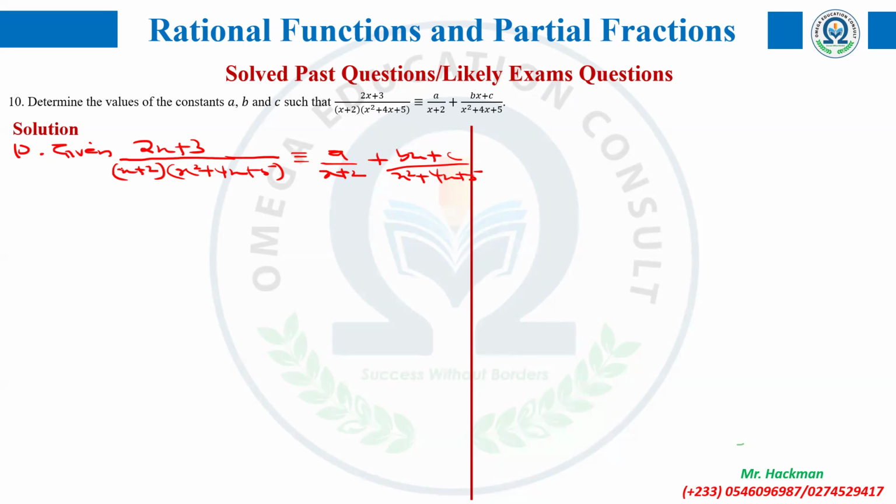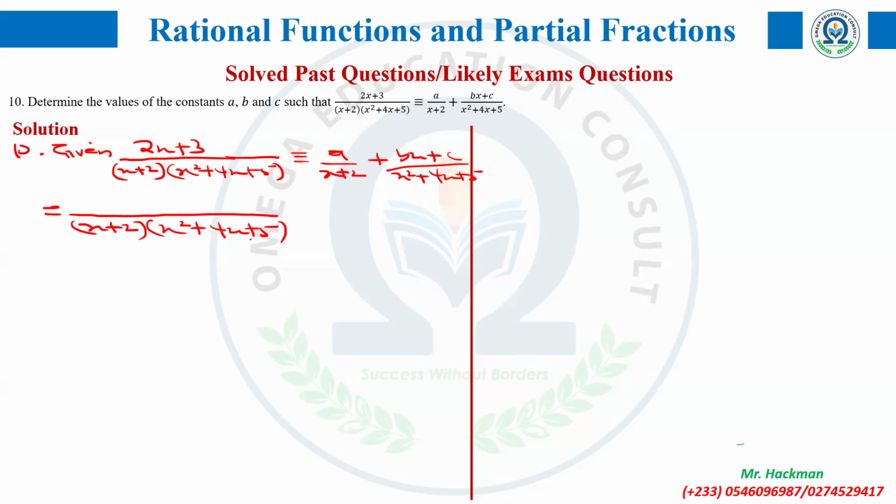So at this point, this is what we are going to do. I'll write this side as a single fraction. So this will be equal to, as a single fraction, my denominator will be the same as this denominator, x plus 2 times x squared plus 4x plus 5, because this and this will multiply. My professors, are you following? Yes, please. Now this will go into this how many times?